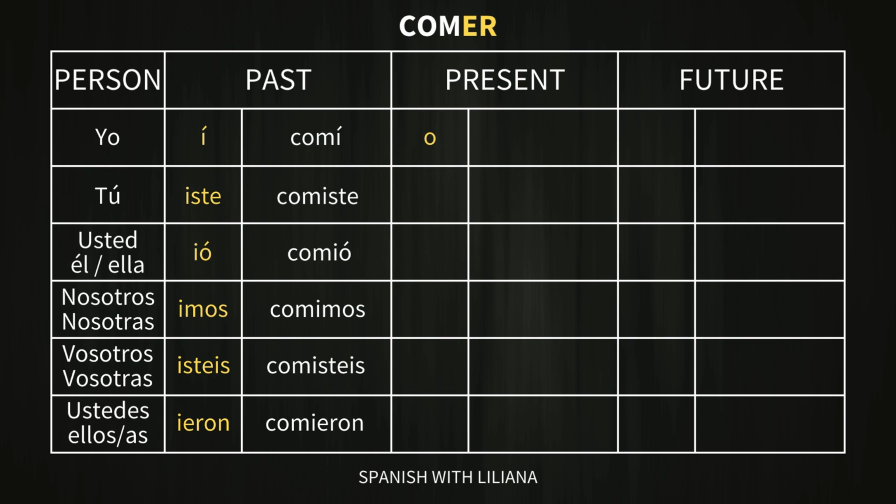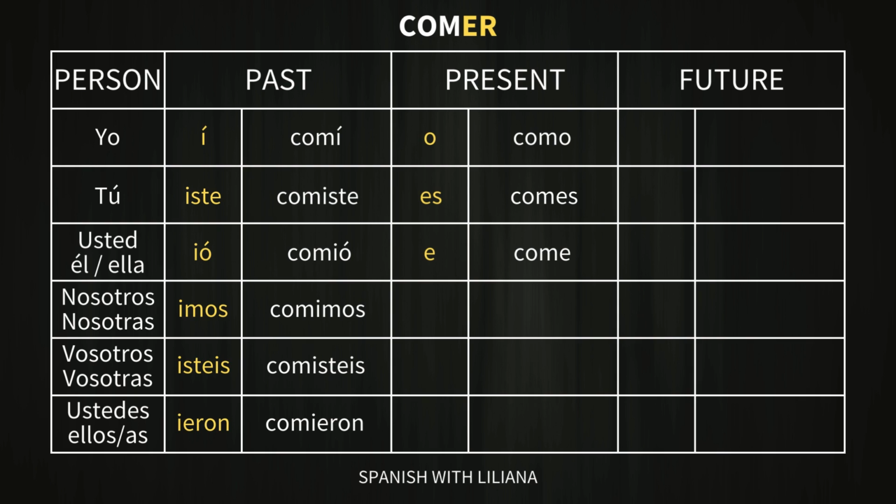In present tense, for yo, we'll replace ER with O. No accent there. Just the letter O, so it becomes como. For tú, we'll use ES. Comes. For usted, él, or ella, we'll use E, and so the word becomes come.